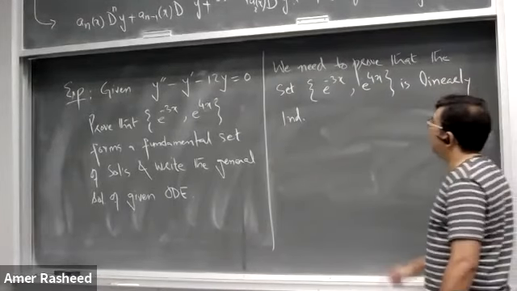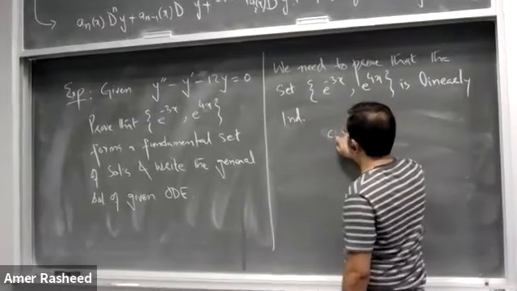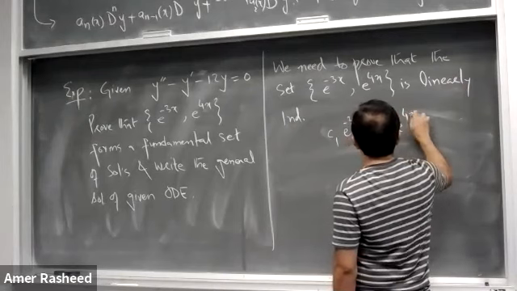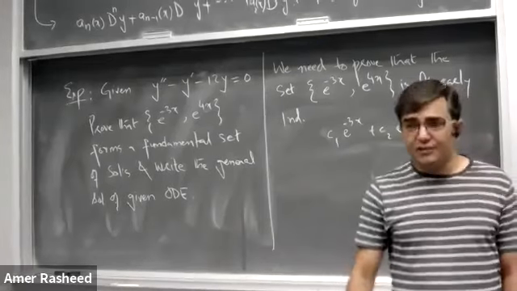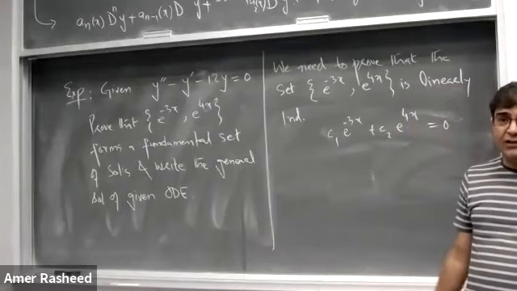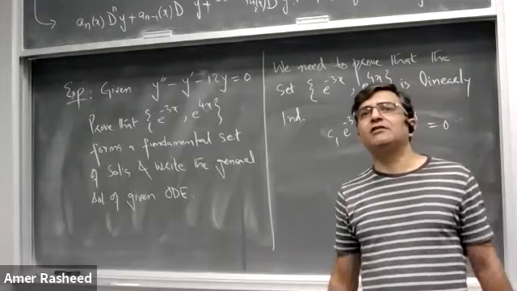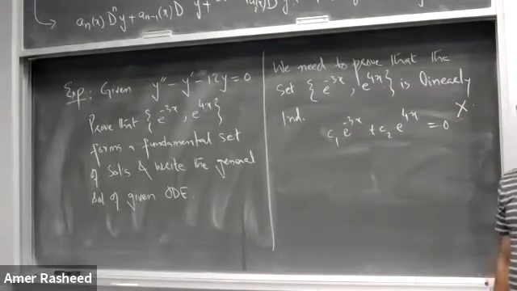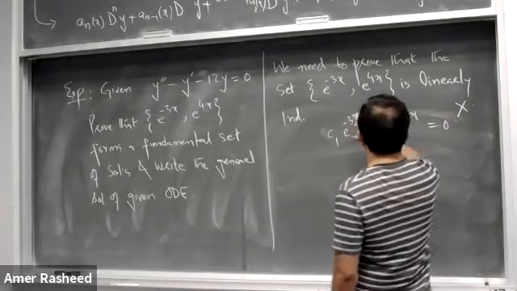We cannot easily prove this by considering the expression C1 e raised to the power minus 3x plus C2 e raised to the power 4x, putting it equal to 0, and trying to find the values of C1 and C2. The functions are not polynomial functions; they are exponential functions. So this method will put us in a difficult situation to find C1 and C2. So we don't use this method.